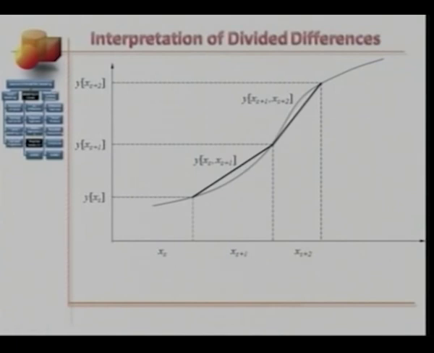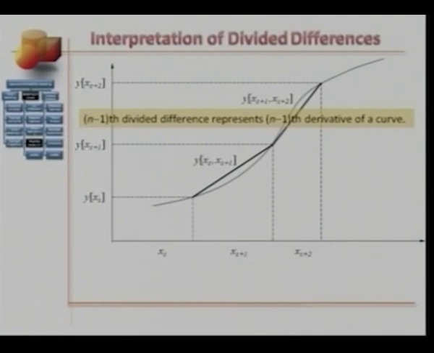How about the second divided difference? The second divided difference will correspond to y of xs plus 1, xs plus 2 minus y of xs, xs plus 1, divided by xs plus 2 minus xs. This would locally represent the second derivative of the curve. So in general, the n minus 1th divided difference would represent the n minus 1th derivative of the curve.